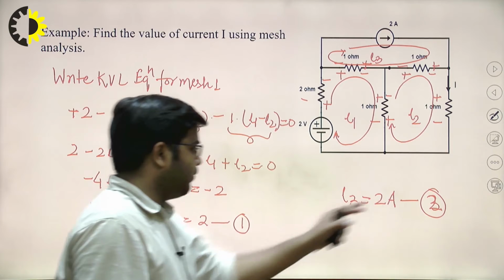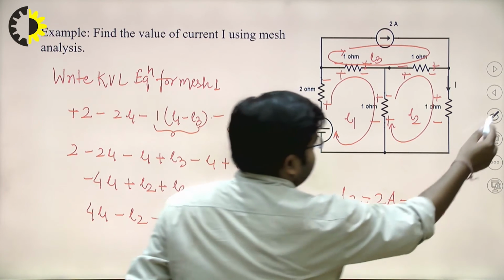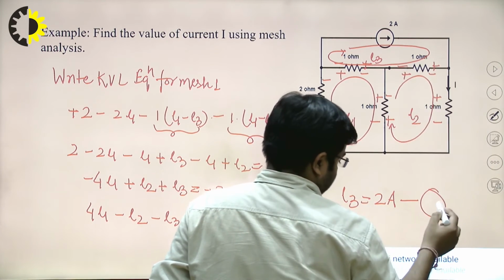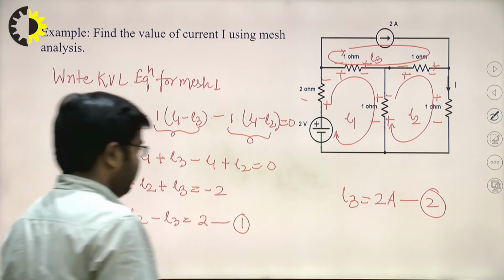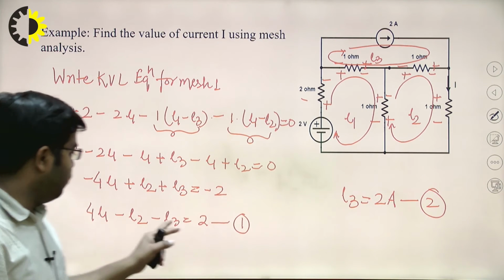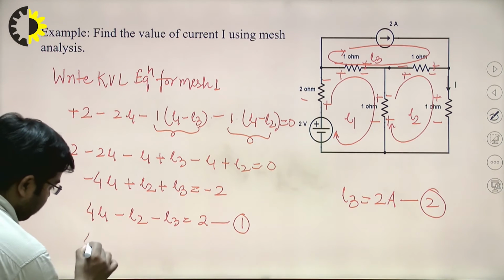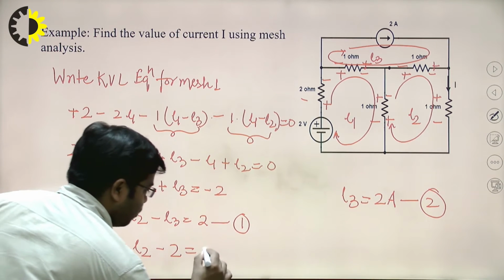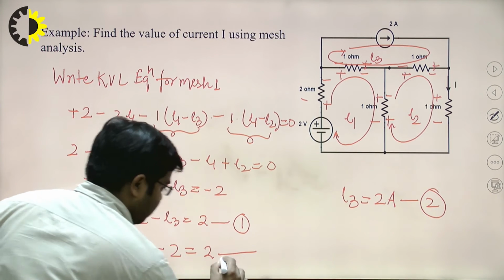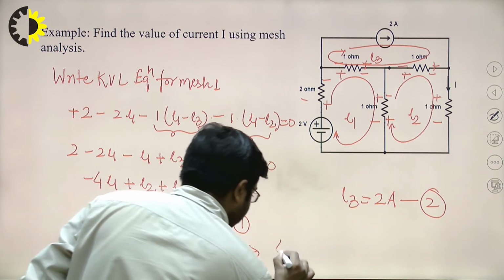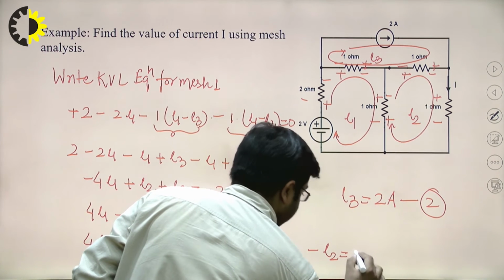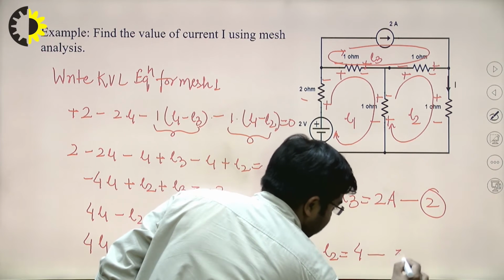Now put this I3 value here. You will get 4I1 minus I2 minus 2 is equal to 2. So from here you will get 4I1 minus I2 is equal to 4. Suppose this is equation number 3.